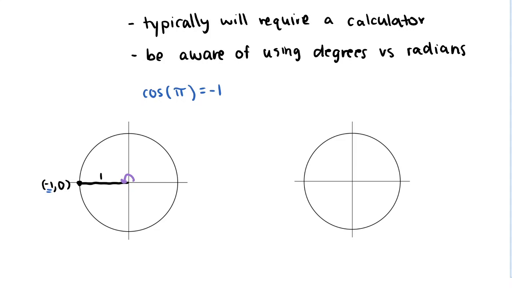So we get -1 out. Now, if your calculator thinks degrees, you're talking about degrees, and you say pi degrees, well, pi is the number 3.141592, and so on and so on. And so cosine of pi degrees is saying cosine of roughly, a little bit more than 3 degrees. You'd be talking about roughly this angle here.